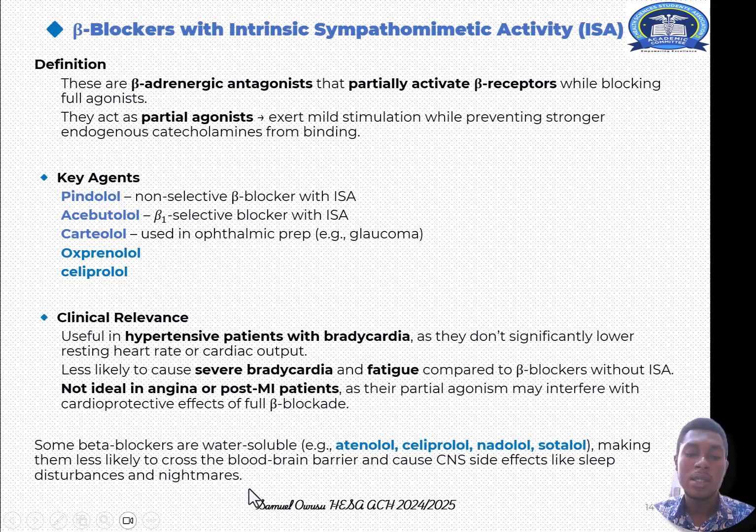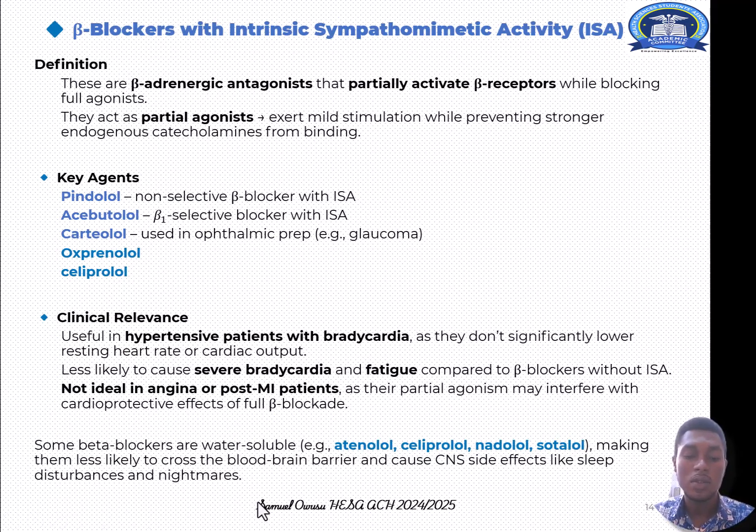Now, this is another thing I want to talk to you about: beta blockers that come with intrinsic sympathomimetic activity. These are the ones that partially activate beta receptors while blocking full agonists. They act as partial agonists and exert mild stimulation while preventing stronger endogenous catecholamines from binding. The examples are pindolol, acebutolol, carteolol, oxprenolol, and celiprolol. You can remember them as PACOC: pindolol, acebutolol, carteolol, oxprenolol, and celiprolol.